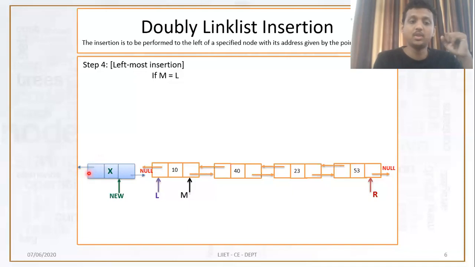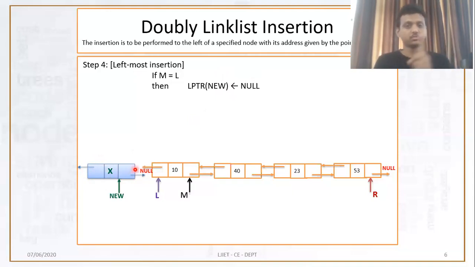That is our first operation. Next, I need to connect the right pointer of new over here. Then I need to connect the left pointer of L over here. So I'm writing LPTR of new arrow null. Now LPTR of new is pointing to null.